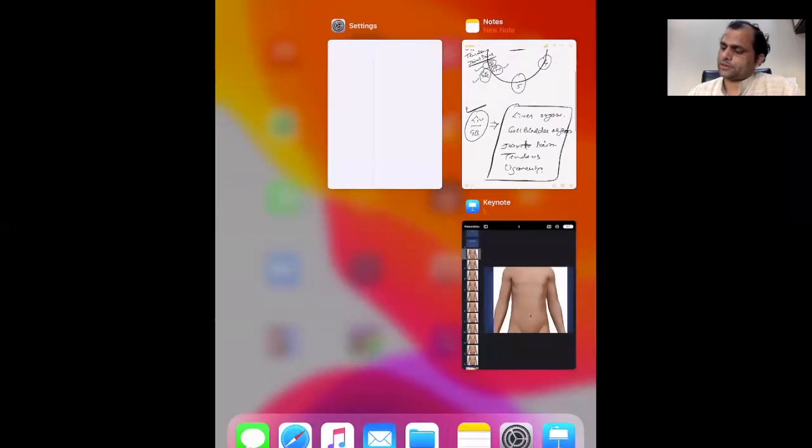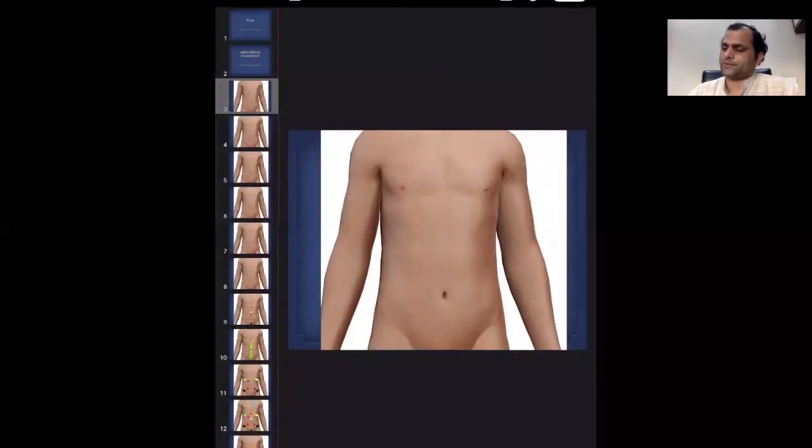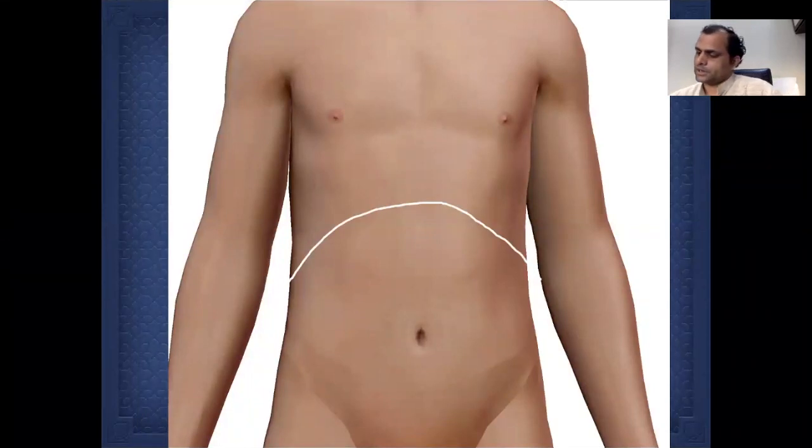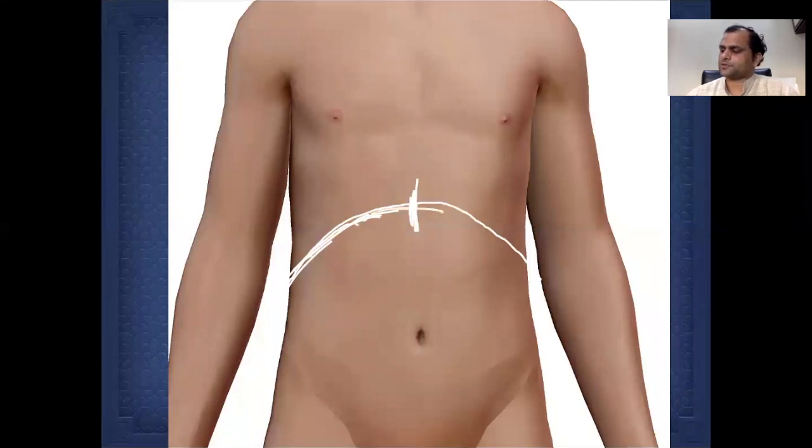If we look at this image, this is the abdomen. In this abdomen, this is the diaphragm, and this is the central line. We can feel this lower part of the ribs or lower part of the diaphragm.